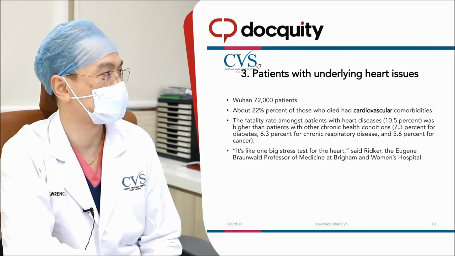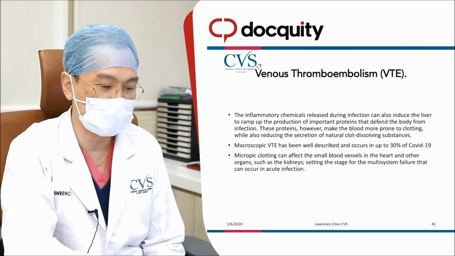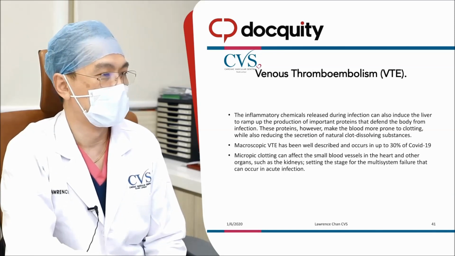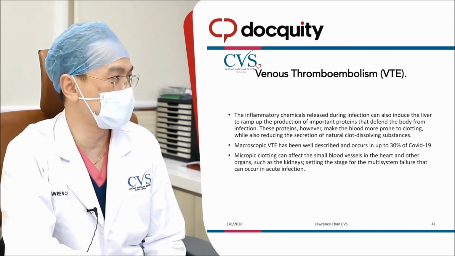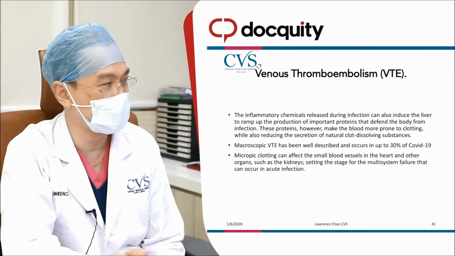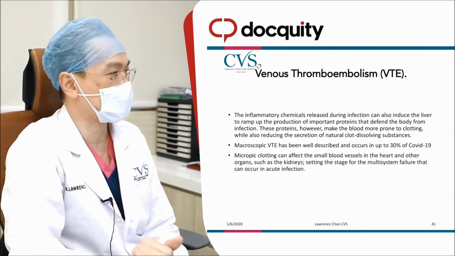I would just like to move aside briefly to talk about venous thromboembolism, which has come up a lot in the news lately. In COVID, being a severe viral disease, and as we mentioned already, there are a lot of inflammatory chemicals released during the infection.